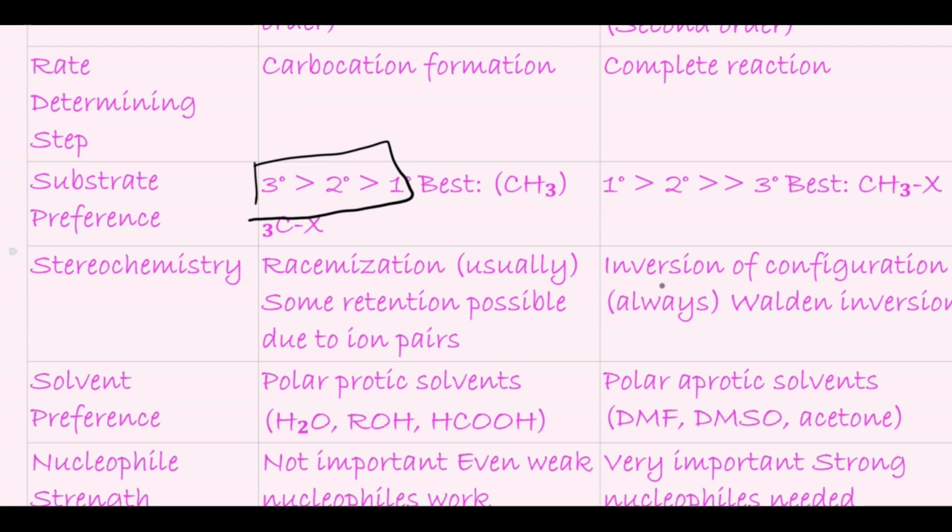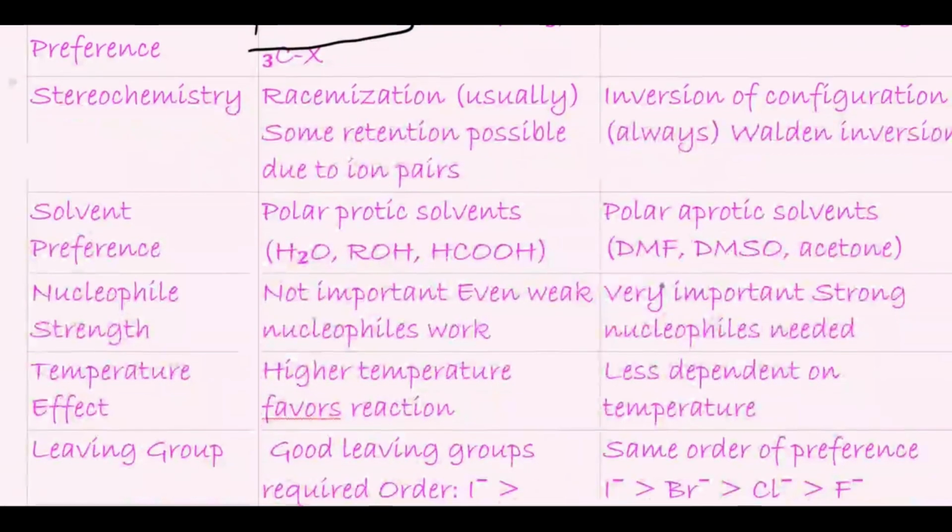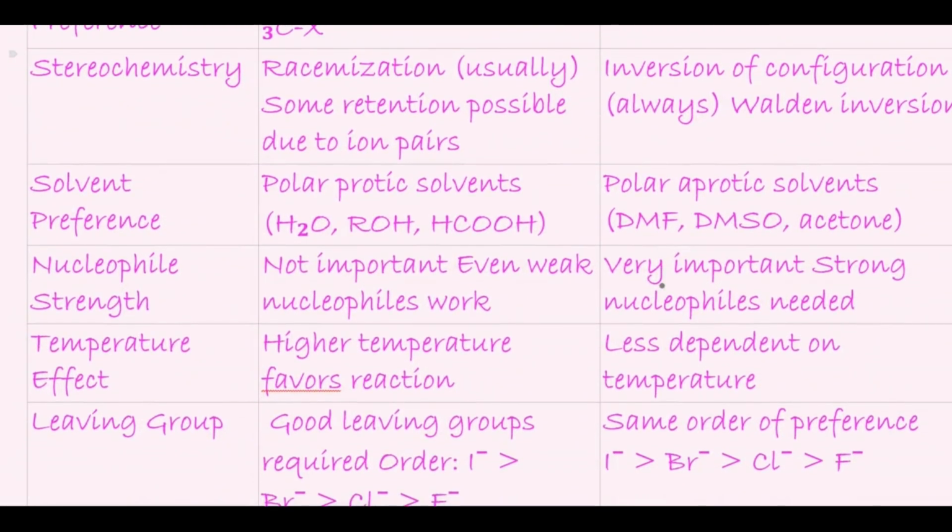SN1 follows tertiary, secondary, primary, and SN2 mostly will not give the reaction for tertiary, only primary and secondary. Comparing primary and secondary, primary gives better results than secondary. Talking about the stereochemistry, racemization happens, with some retention possible due to the ion pairs. You can take this part alone: retention in configuration.